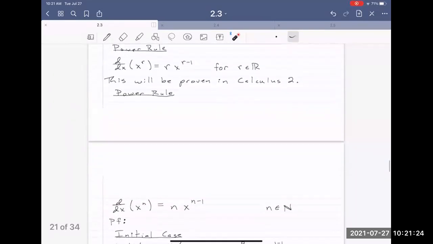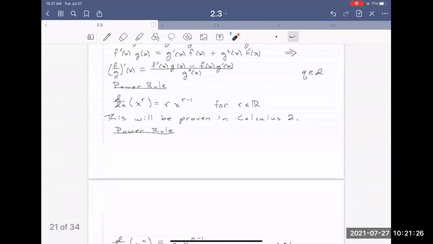So let's look at the power rule yet again. The derivative of x to the r is r times x to the r minus 1.